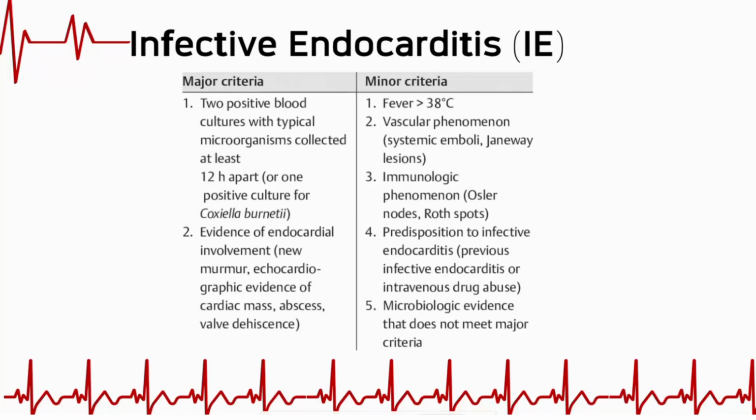Do they have immunological phenomena like Osler nodes or Roth spots? Are they likely to have infective endocarditis, for example, do they abuse intravenous drugs? And is there any microbiological evidence that does not meet the major criteria? So this criteria is used to diagnose infective endocarditis. This is called the Duke's criteria, D-U-K-E-S criteria.